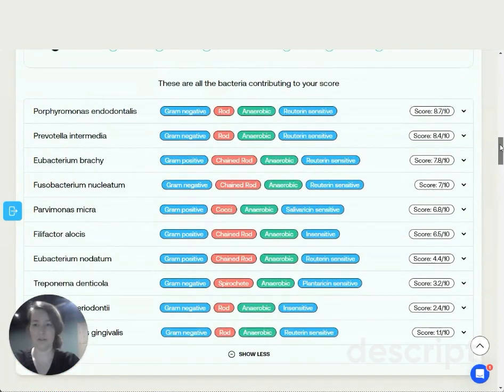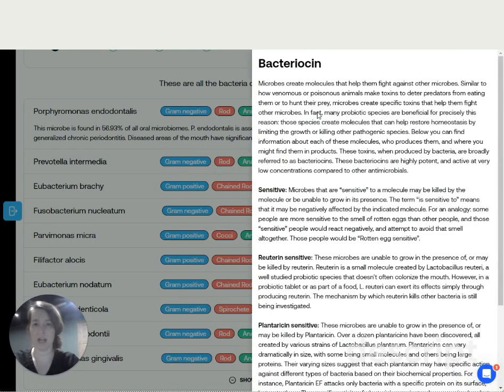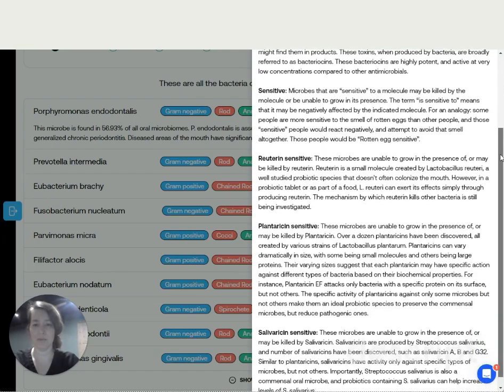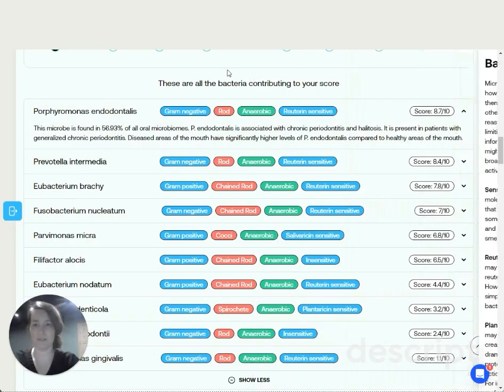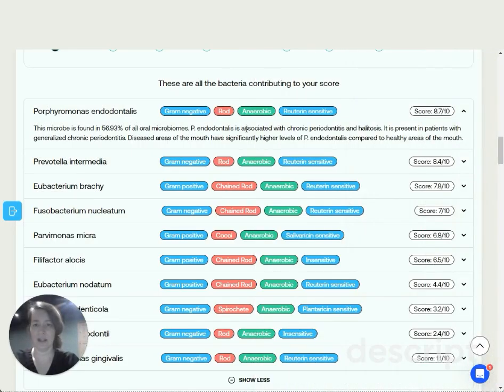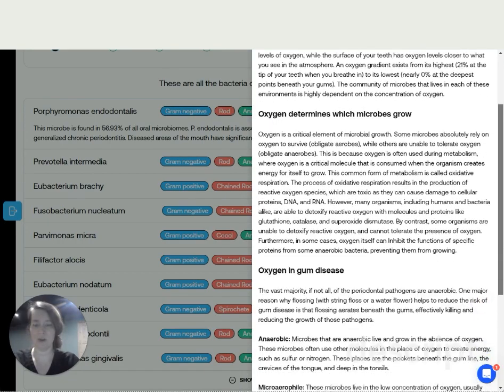So feel free to explore each part of the platform. As you're exploring, everything is just a click away. We can talk about the bacteriocins and how the bacteria in the probiotics help to mitigate the bacteria that we are trying to target. This green score or green circle also helps you understand how it lives within the mouth and what niches we may be looking for.